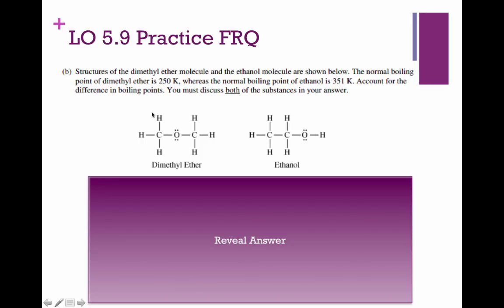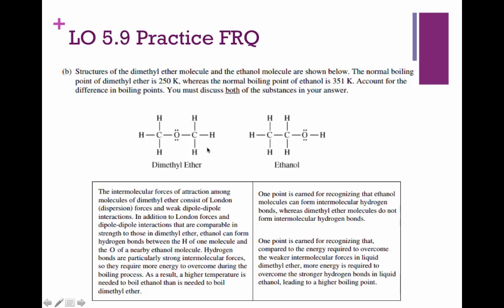Account for the difference in boiling points. You must discuss both of the substances in your answer. So make sure, if you are comparing two things, that you talk about both of those substances. So what does ethanol have that dimethyl ether does not have? Hydrogen bonds, right?